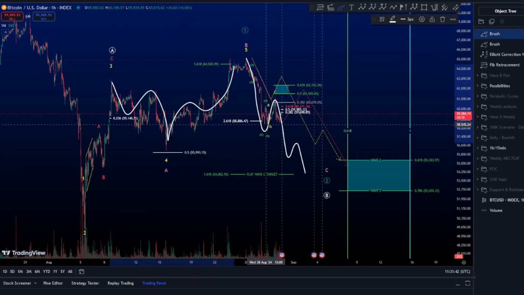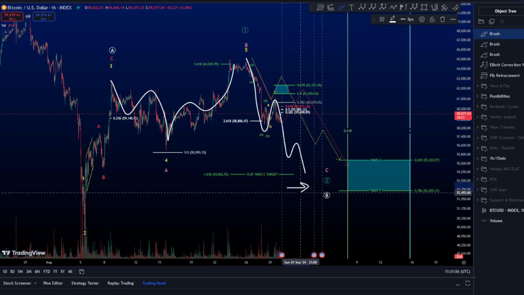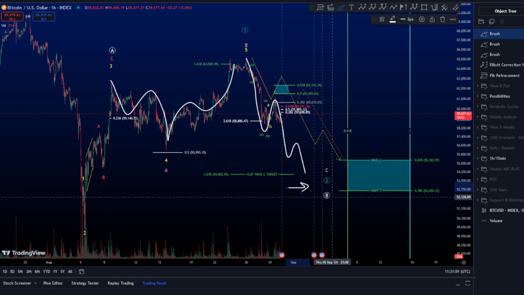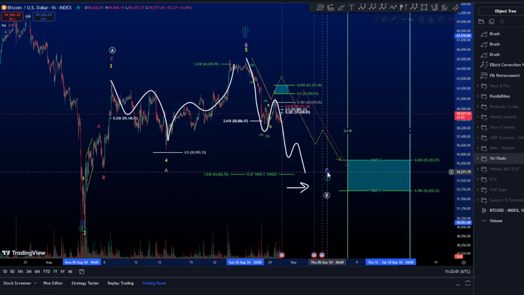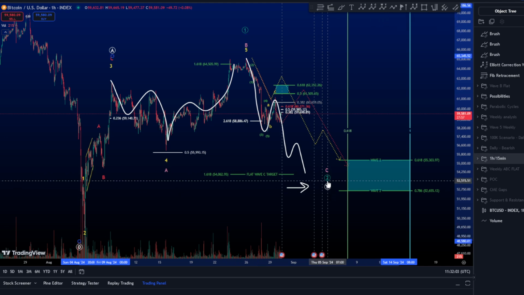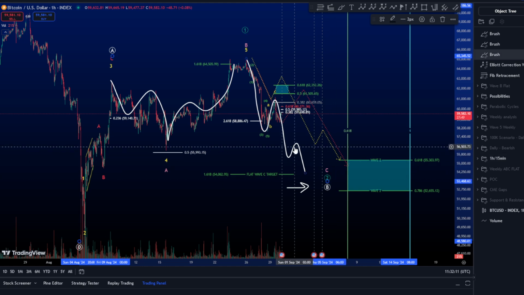If you remember those two scenarios, in a diagonal, 5 waves down means this is a wave C of a flat. And when this is a flat, then it takes us to the bearish scenario, but finishing a wave B rather than finishing a wave 2. I will explain why.